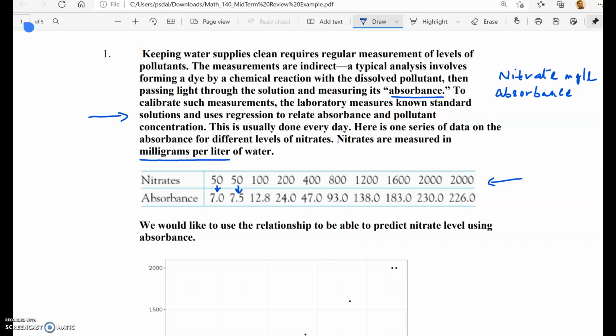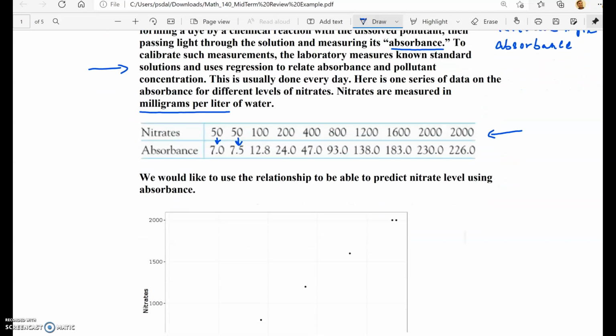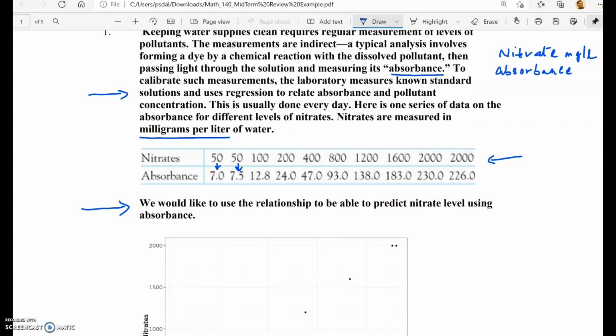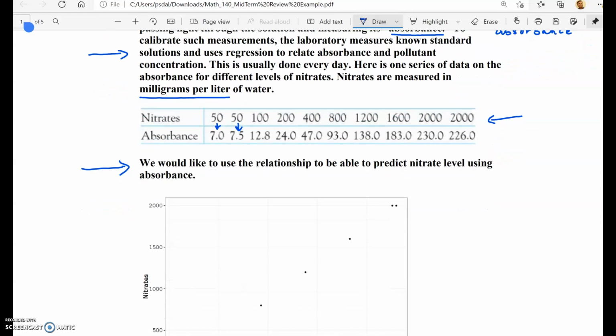You change the nitrate levels and measure the absorbance of light that passes through the solution. But this is the important part. What do we want to do with this relationship between nitrates and absorbance? We would like to use the relationship to be able to predict nitrate using absorbance.